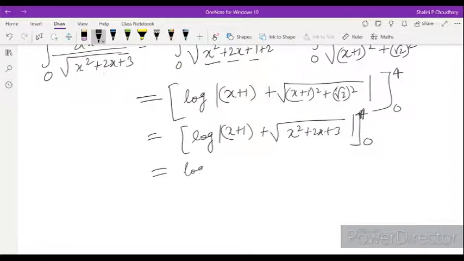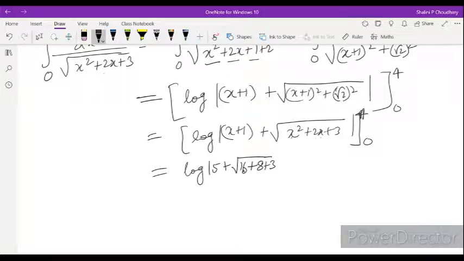We'll get log of, first for 4 and then 0. X is 4, so 4 plus 1 will be 5. So 5 plus square root of 4 square will be 16, 16 plus 2 into 4 will be 8, plus 3.